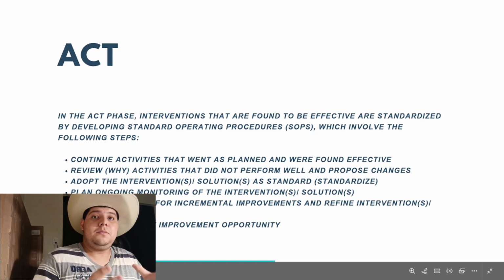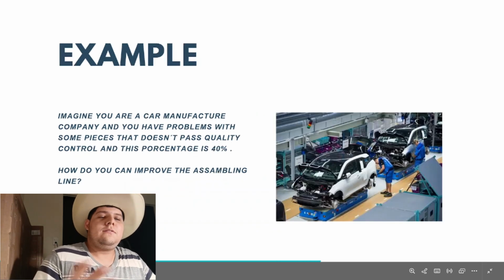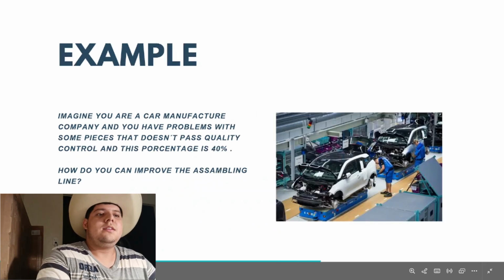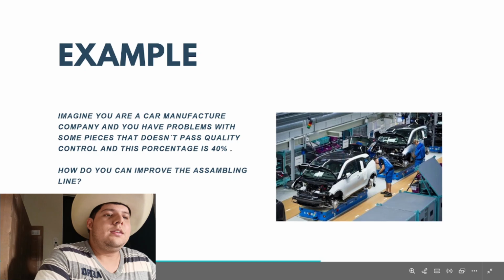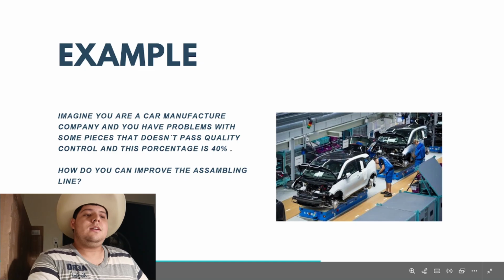Optimization. So for example, imagine you are a car manufacturing company and you have problems with some pieces that don't pass quality control, and this percentage is 40%. How do you improve the assembly line?